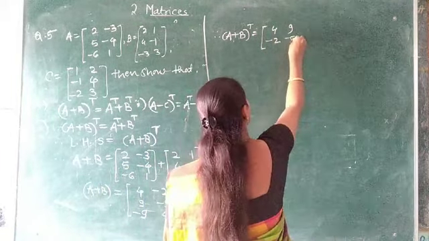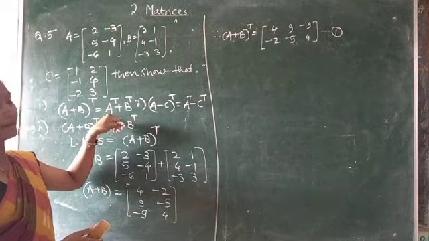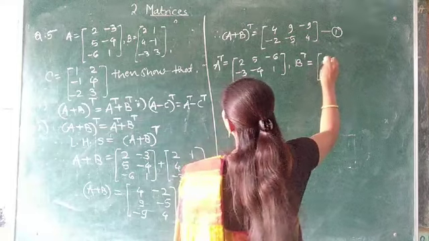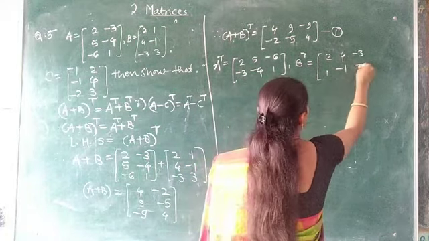Now what is the RHS? A transpose plus B transpose. So first of all we take A transpose and B transpose. A transpose is [2, -4; -3, -6; 5, 1] and B transpose is [2, -1; 1, -3; 4, 3]. The RHS is A transpose plus B transpose.